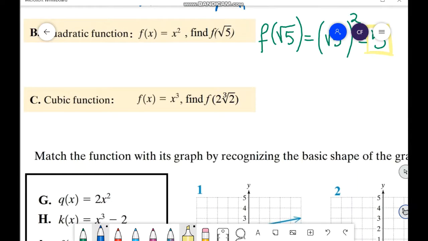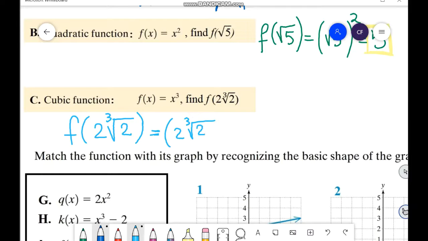Letter C, cubic function. If f of x equals x cubed, find f of 2 cube root of 2. This is not going to be hard, but it's the hardest one from this list. What's going to be f of 2 times cube root of 2? This is going to be 2 cube root of 2, exponent 3, cubed.